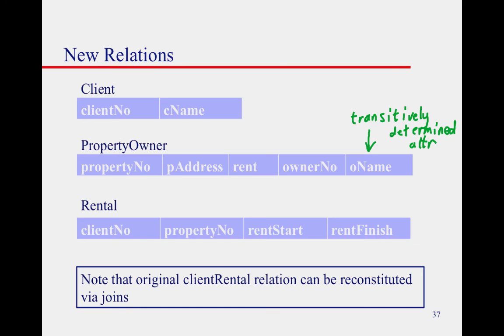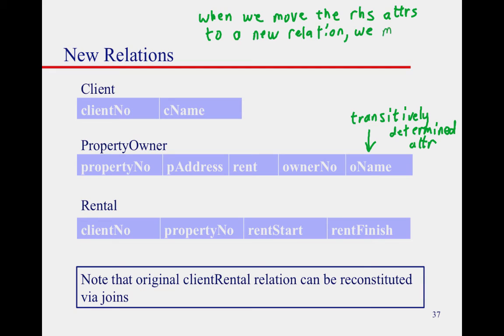So when we move the right-hand side attributes to a new relation, we must also move any transitively determined attributes.